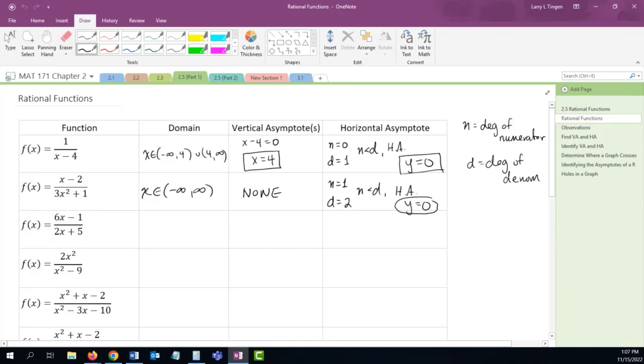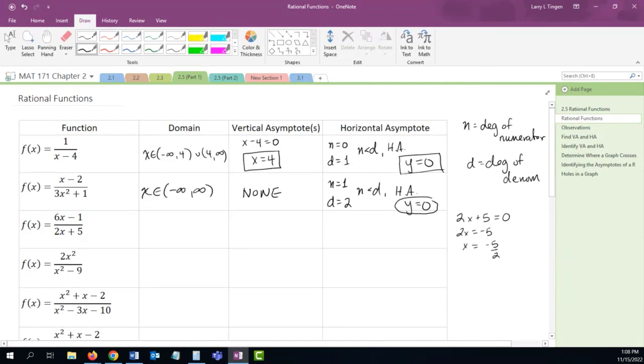f of x is 6x minus 1 over 2x plus 5. What is the domain? The denominator can't be 0. So what makes the denominator 0? Let's take the denominator, set it equal to 0, and solve. 2x plus 5 is 0, which means 2x is negative 5, which means x is negative 5 over 2.